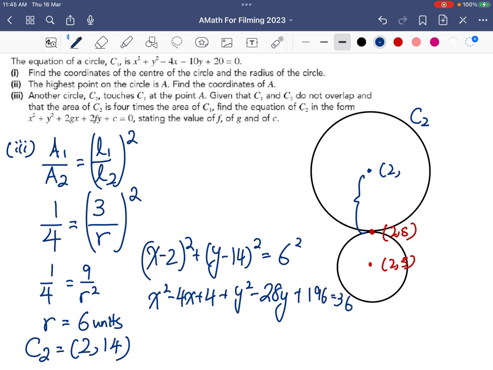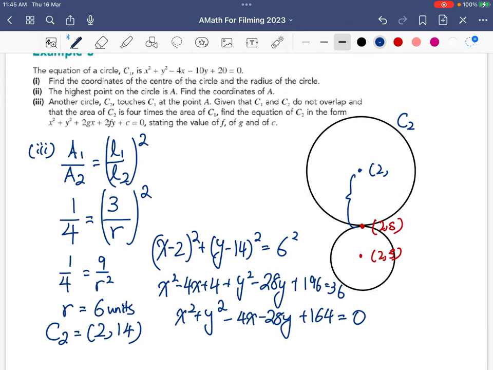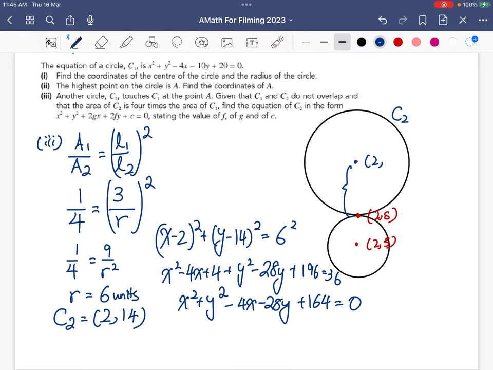If you rearrange everything into the way that they want, you get x squared plus y squared minus 4x minus 28y plus 164 is equal to 0. And that is the form that they want, and we're not done yet. We have to state what f, g and c are.